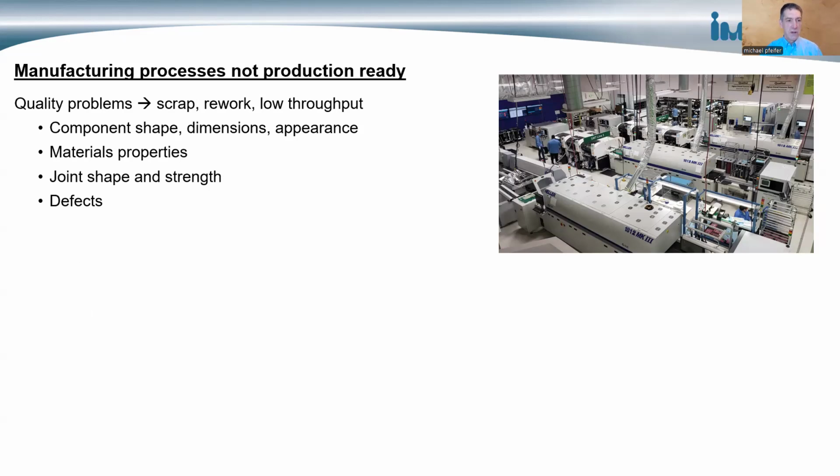Joint shape and strength are not good, and there's excessive defects in the components or in the assembly. And the result is again scrap and rework and low throughput and delays to shipping your product. And the root cause is insufficient process characterization. And again, through materials engineering, this can be avoided.